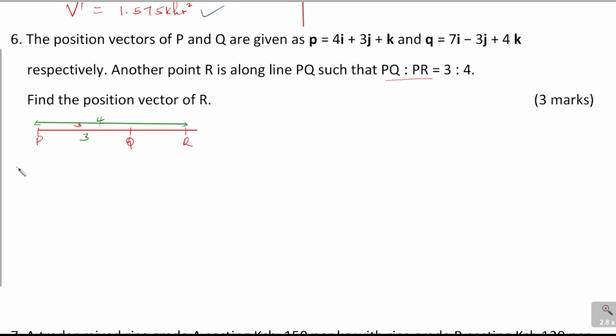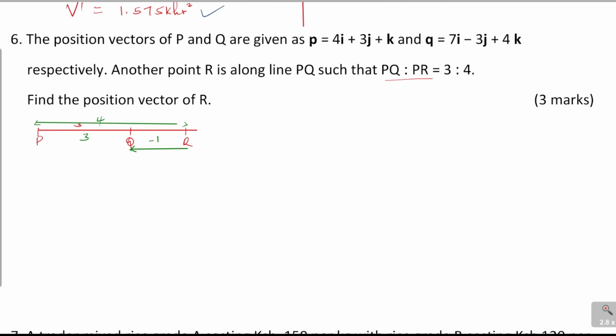Now when you look at this distance from P to R, that is 4, and from P to Q, that is 3. So this distance here will be 1. And since this is external division, in this direction this will be -1. That is very important. So that distance from R to Q will be -1.